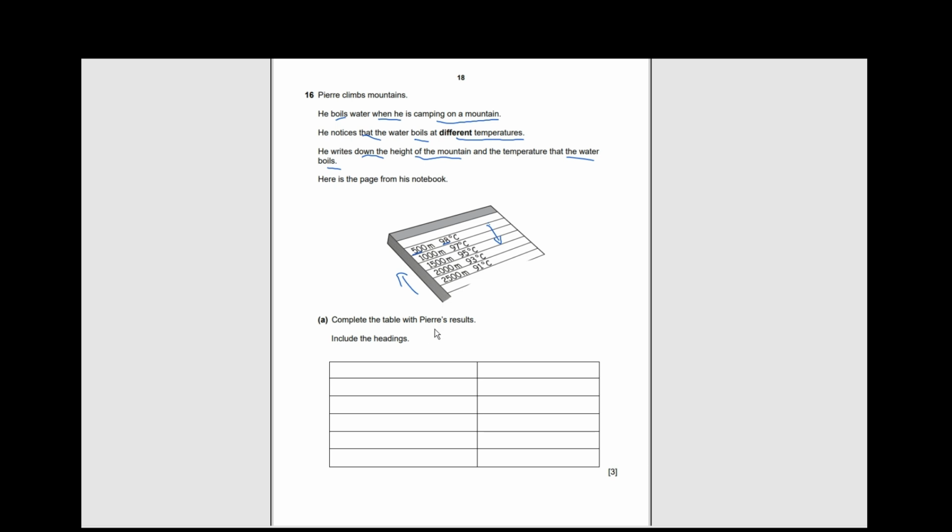So complete the table with the results. Include the heading. We'll say for the heading, height, or we can say height or distance in meters, because it is distance we are talking about.